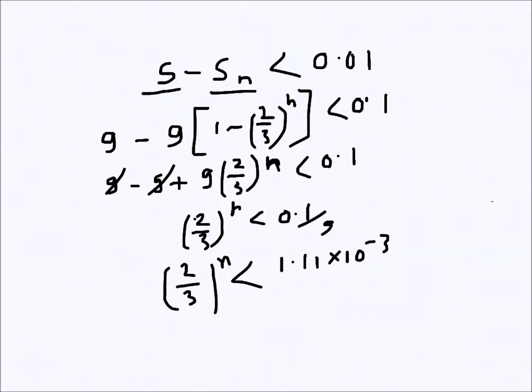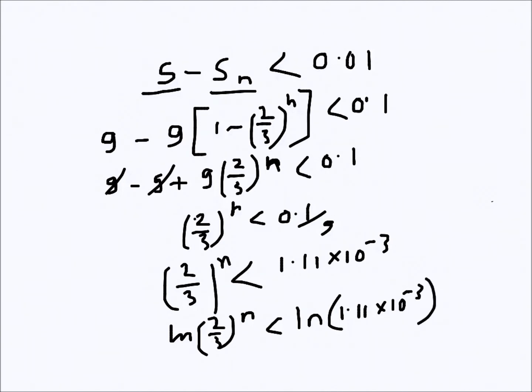Now if I take logarithm on both sides, it becomes n ln 2 over 3, because the power comes as a product. This comes from the principle of logarithms.